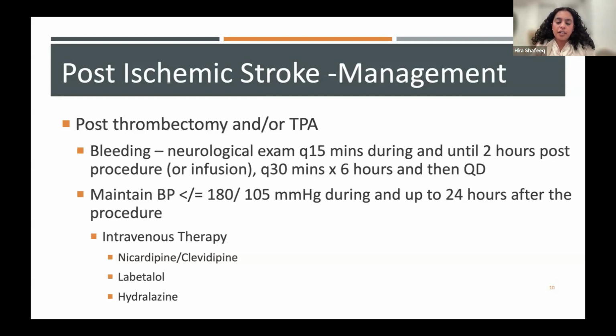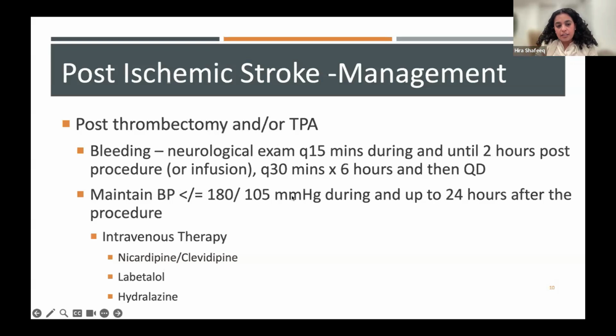And if they do have an NIH stroke scale protocol, they're actually doing it every 15 minutes. And knowing that this also needs to be done every 30 minutes and then every 6 hours and then daily. That's really important for us to know as to how people are trying to understand what's happening to this patient even after they've gotten their primary medication therapy.